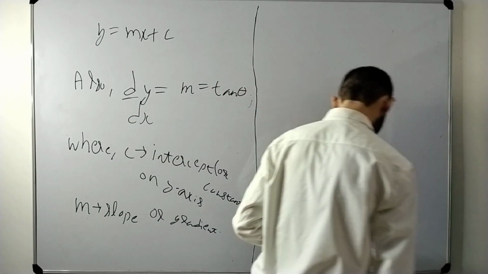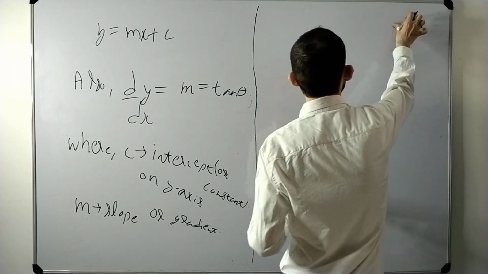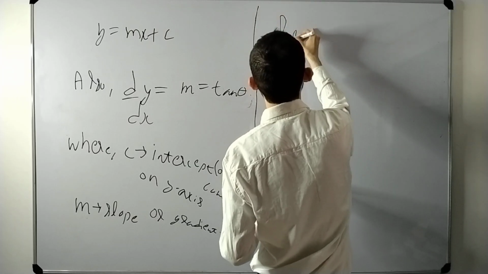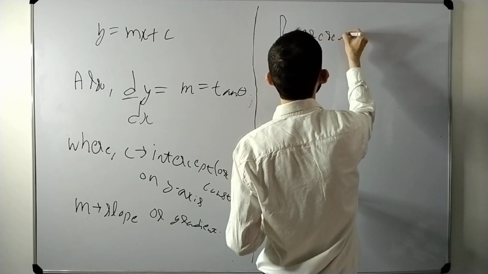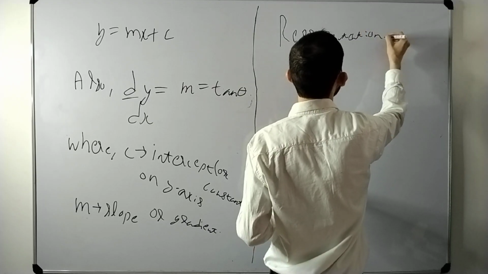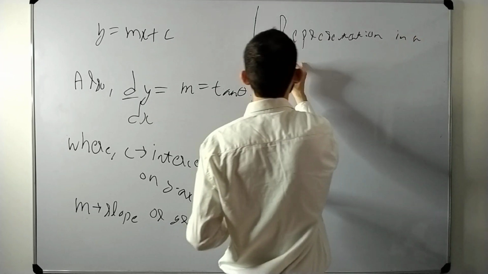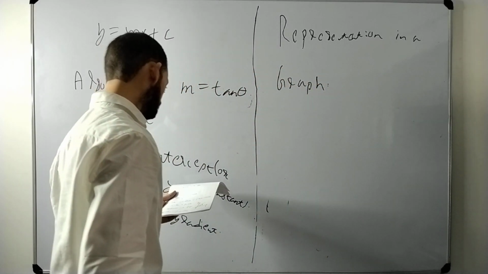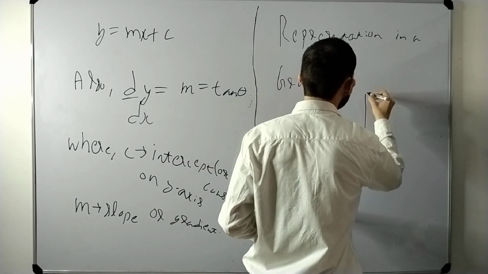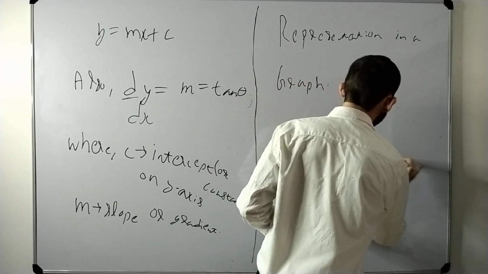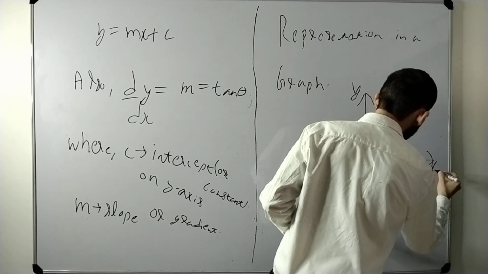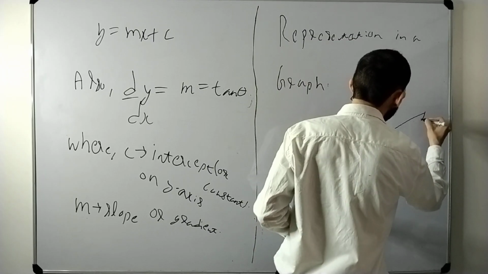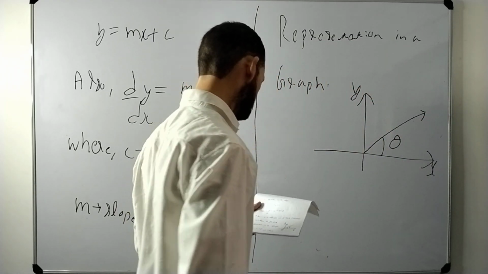Representation in a graph. How would you represent this equation in the graph? So we have y, we have x. This is theta, and this is the slope.